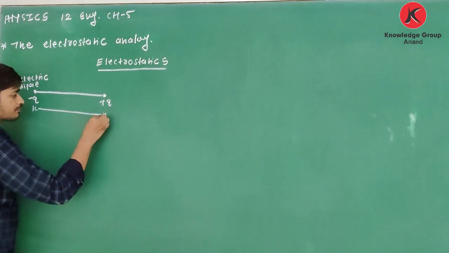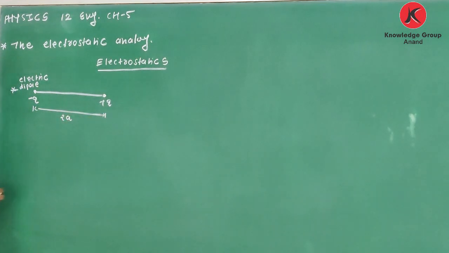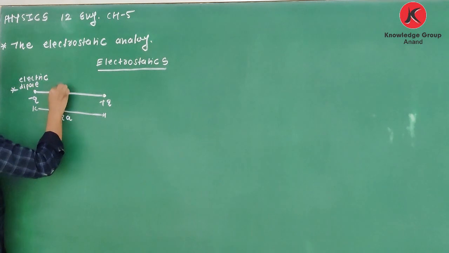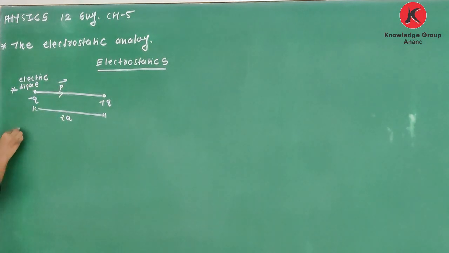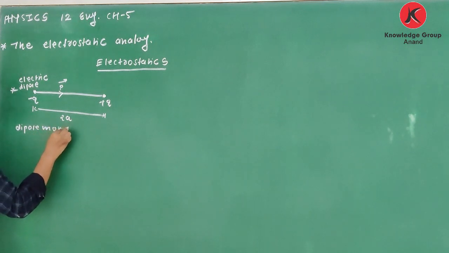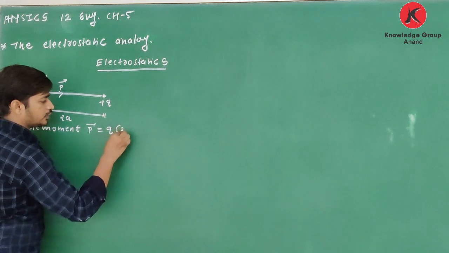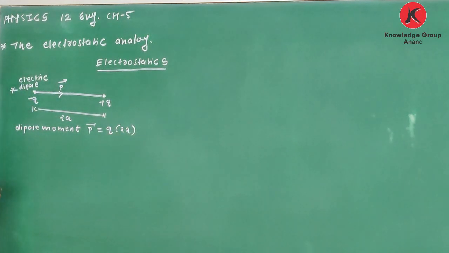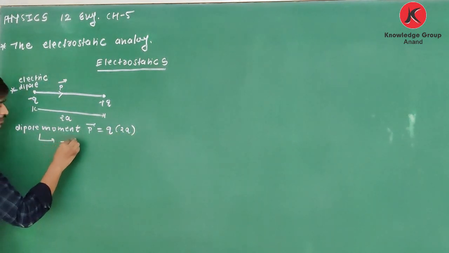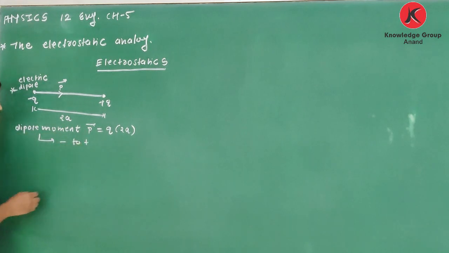The distance between them is 2a. The electric dipole moment is from negative charge to positive charge. The dipole moment P is equal to Q into 2a, and its direction is from negative towards positive. Yes, you know this already.